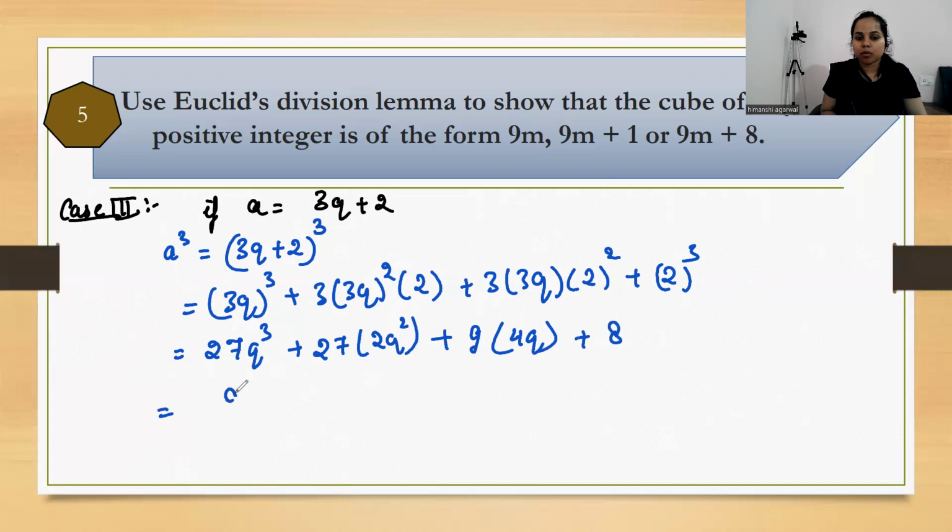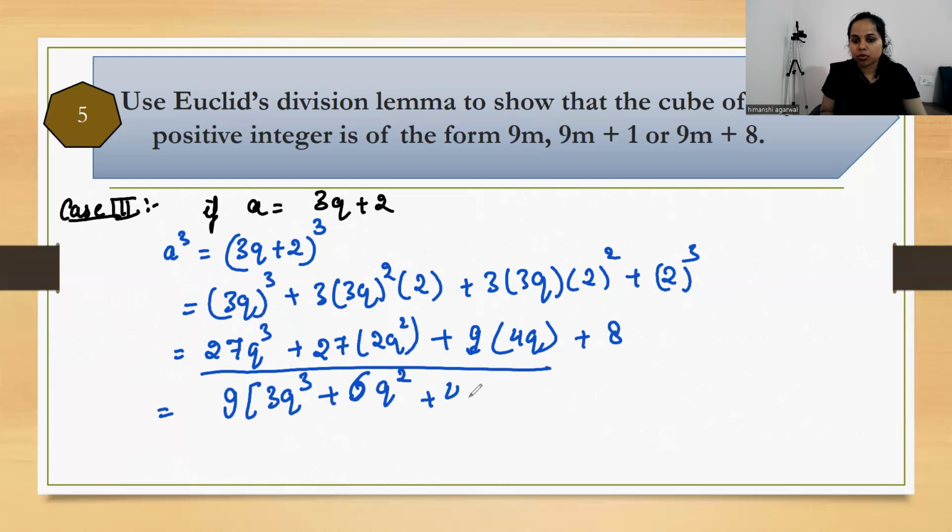Now I can take 9 as a common from all these terms, right? This is 9. Here I will be getting 3q cube. This will be 3 into 2, that will be 6q squared. And this will be 4q plus 8.